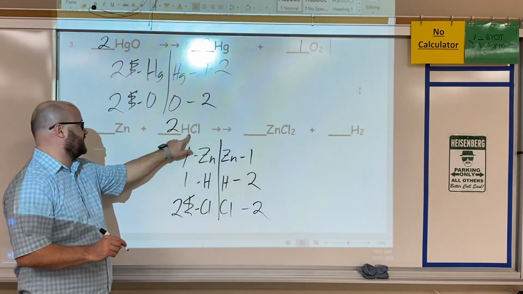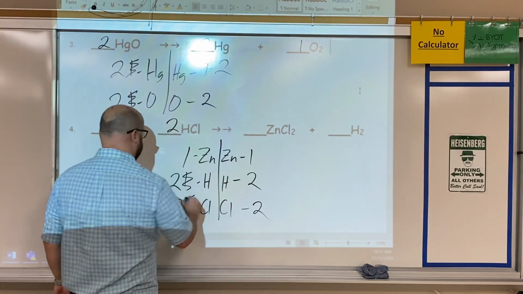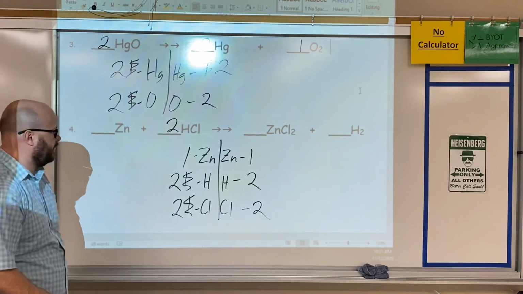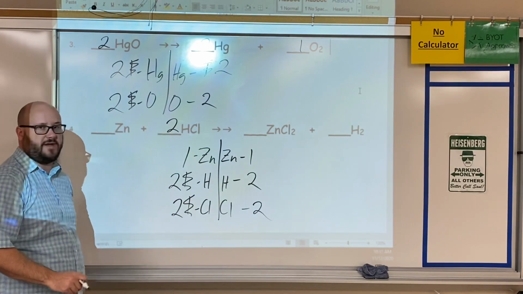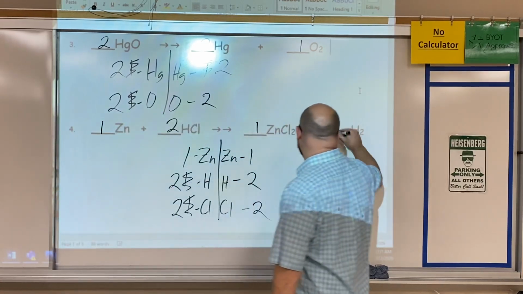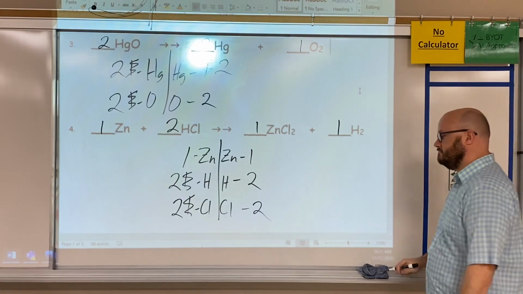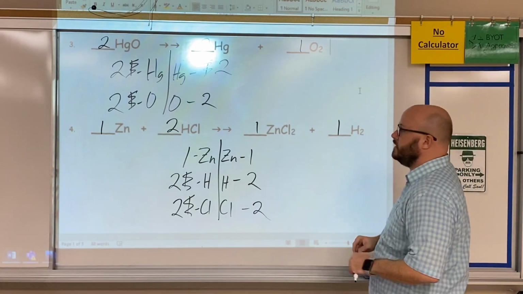That also changes hydrogen to 2. One move. Sometimes chemistry does us a favor like that. Put your place markers in, and that's what you have. All right, let's keep going.